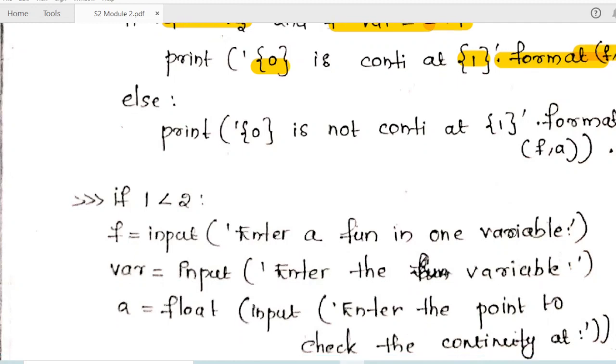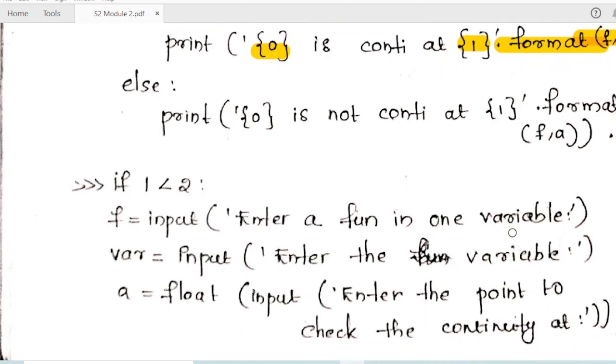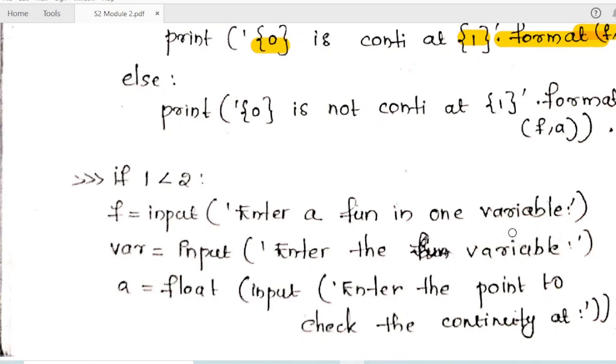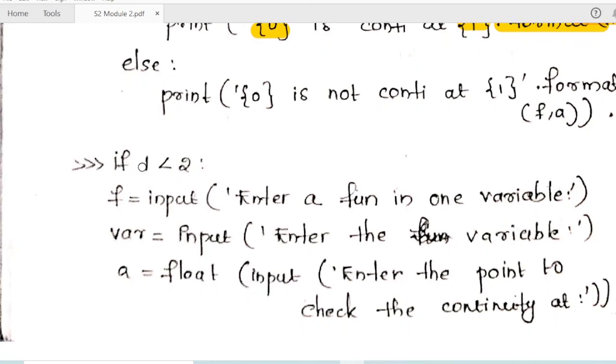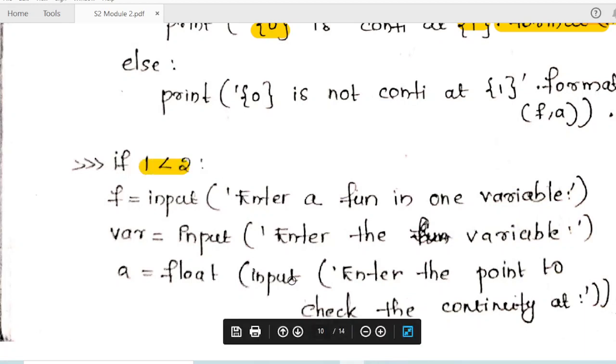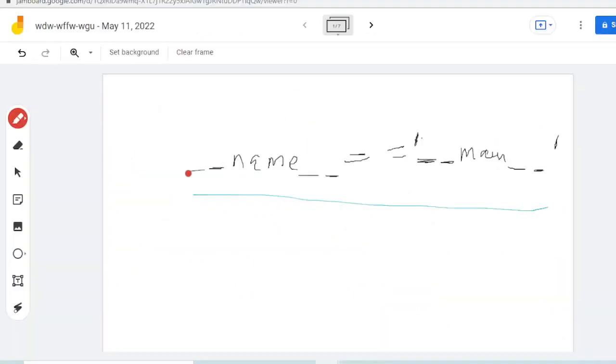Now we have to use the input function. Using the input function, we can ask for the three main inputs. So if 1 less than 2, either you can write 1 less than 2 colon, or you can write double underscore name double underscore equal to '__main__'.